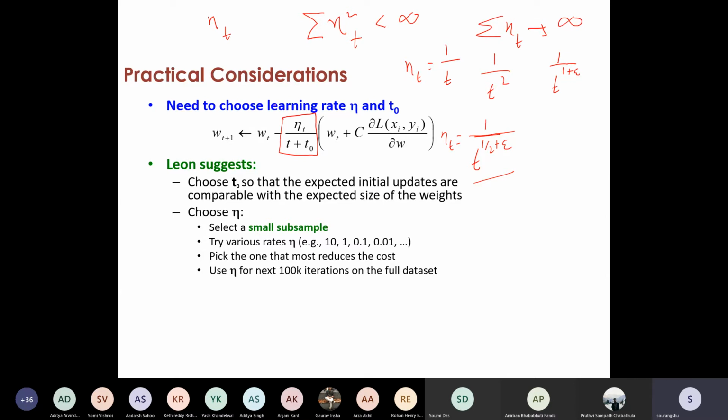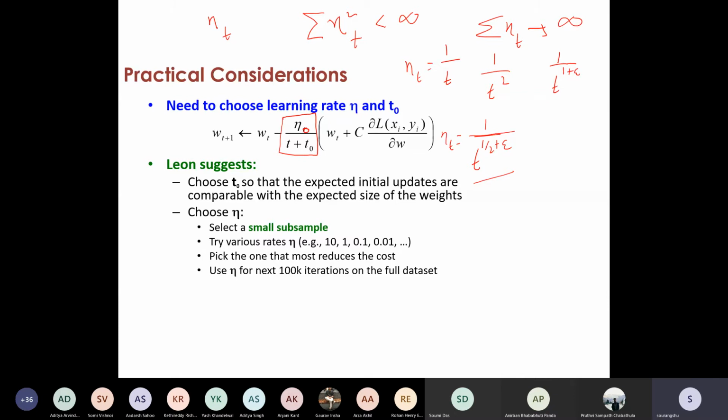Here, this is eta 0. So your eta t is basically eta 0 by t plus t0. Now t0 is not crucial. You can just choose something like 1, it doesn't matter.